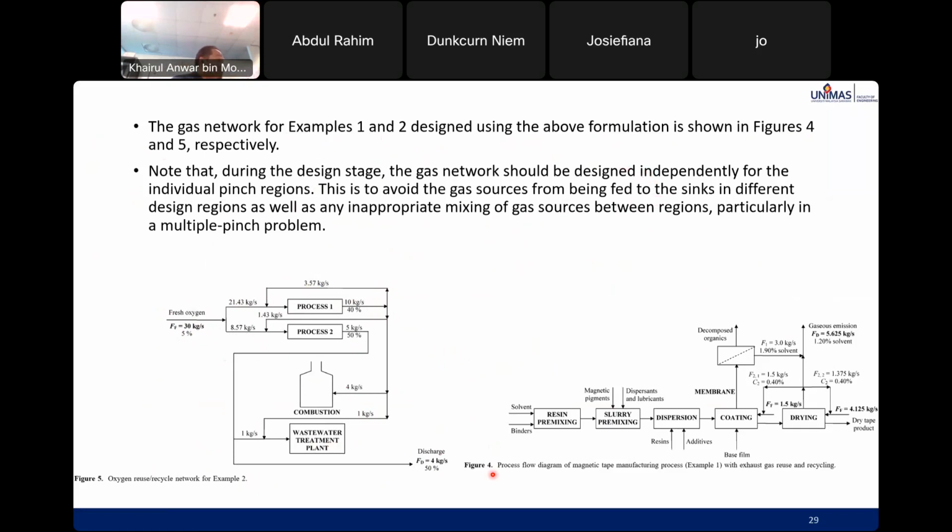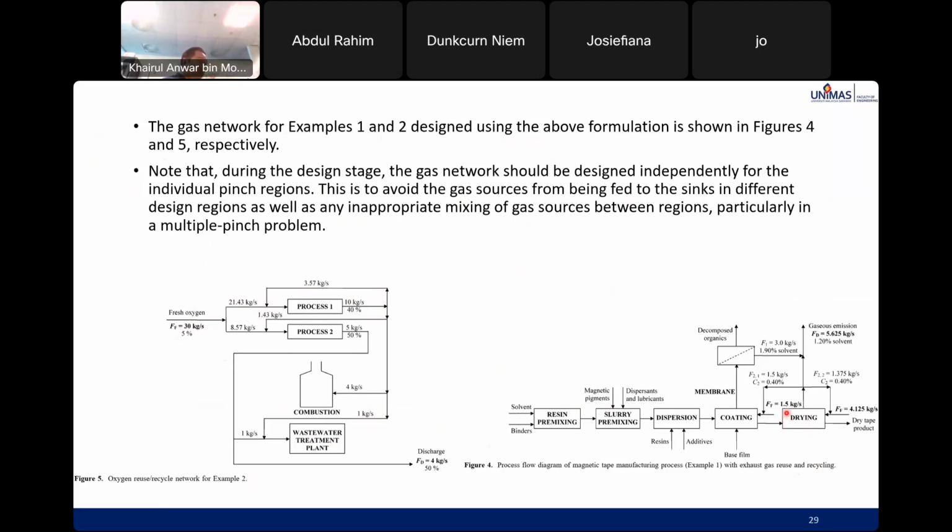How about figure 4 for the process nitrogen? In this case, refer back to table 3. So the pinch occurs at concentration 0.4%. The flow rate for nitrogen supply above the pinch is 2.875, while the flow rate below the pinch is 2.625 kilograms per second.